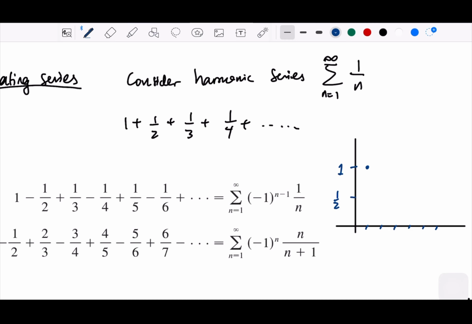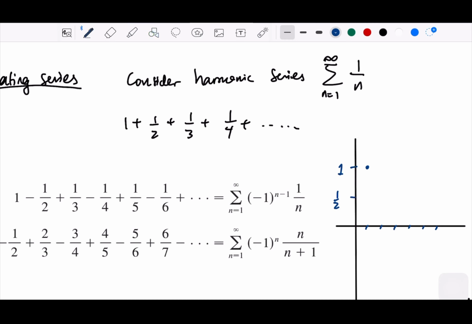But if we take the alternating series, then we are going to have the negative counterpart.